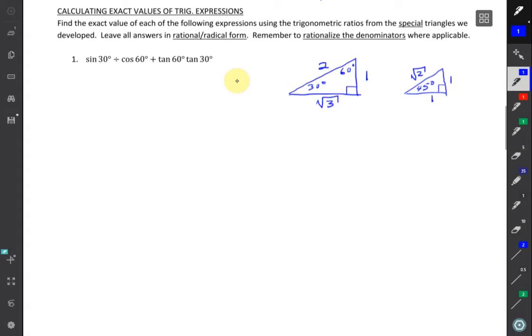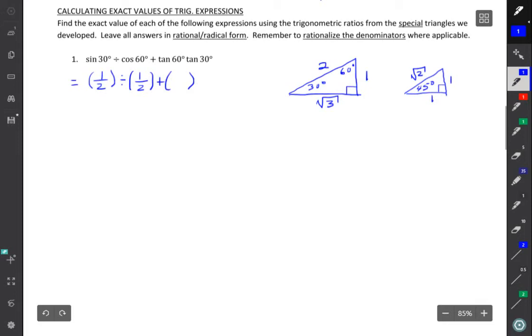So what we're going to do is take these ratios and substitute their values in as exact values. So the sine of 30 is the opposite over the hypotenuse. The opposite over the hypotenuse is 1 over 2. Divided by the cos of 60. The cos of 60 is the adjacent over the hypotenuse, so that's 1 over 2.